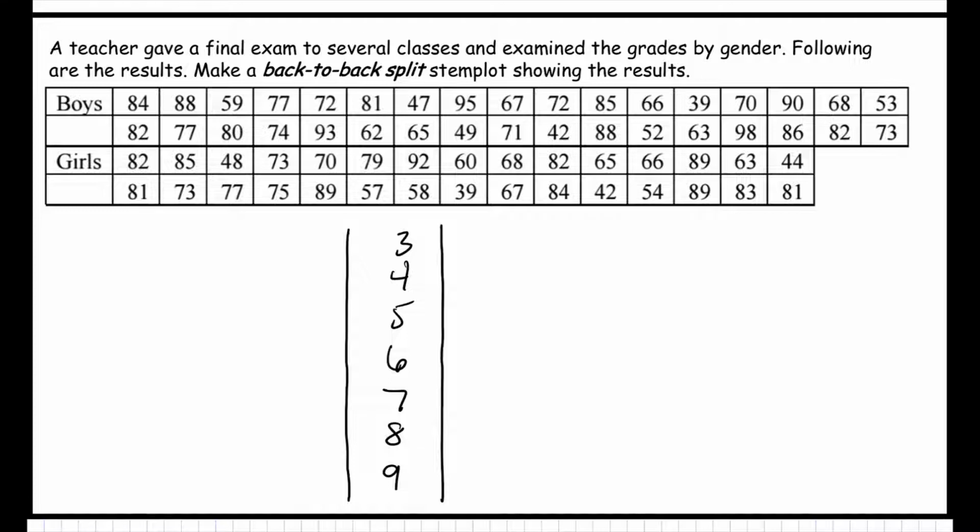Okay, so let's label. This will be boys and this will be girls. Okay, so let's do boys first. 30s. There was a 39, right? 39. So we're going to put a 39 here.